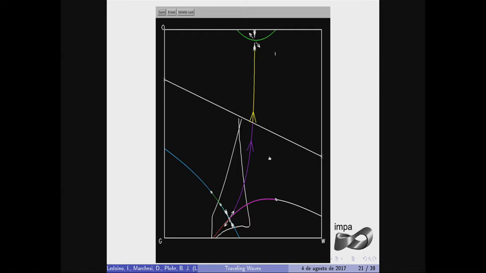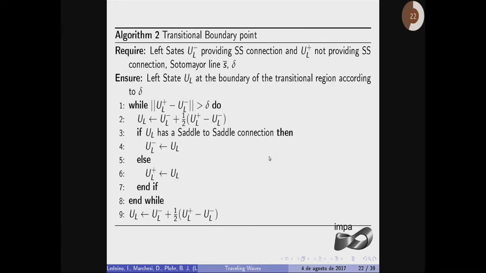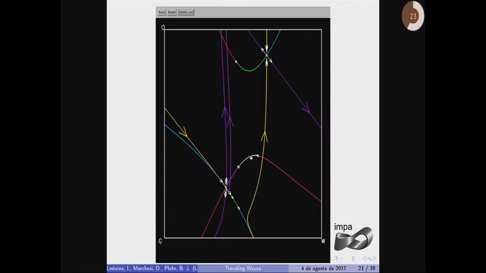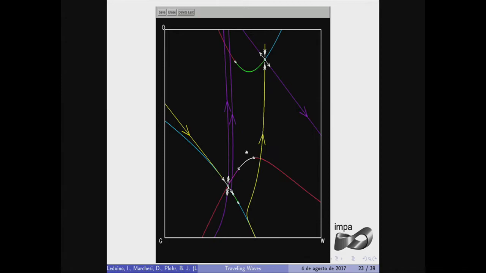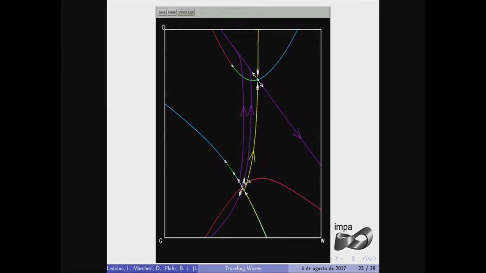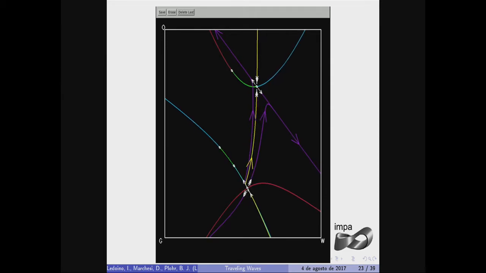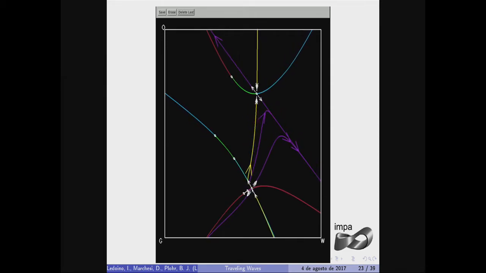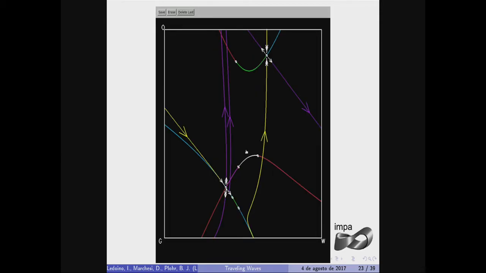So this is a very expensive algorithm, and we want a better one. So this is a video showing the next one. We draw invariant manifolds leaving the tick mark now. And at some point, when you move the left state, you see that those invariant manifolds will cross. So the idea is basically very similar to the other one.